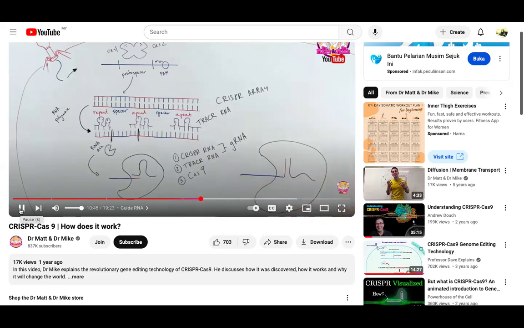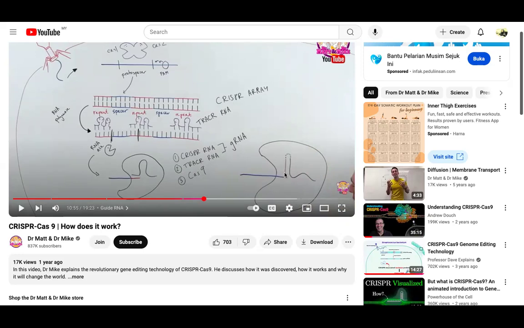What these researchers discovered was that you can actually connect the two together and create a single guide RNA. So it's no longer just a gRNA, guide RNA.